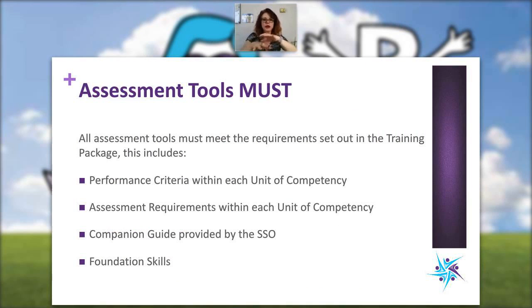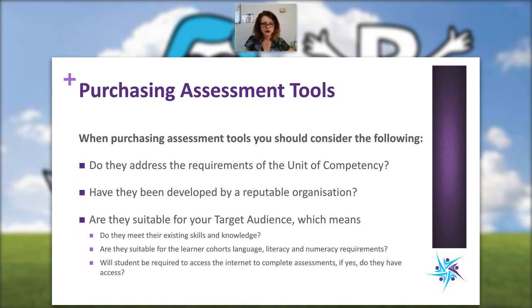When you're validating, you're looking at the rules of evidence, the assessment conditions and the performance criteria, but over that, is it valid? Is it relevant? Is it authentic? Is it current, reliable? That's all the information that we should be layering over the top when you're doing assessment validation. Okay, so that's assessment tools.